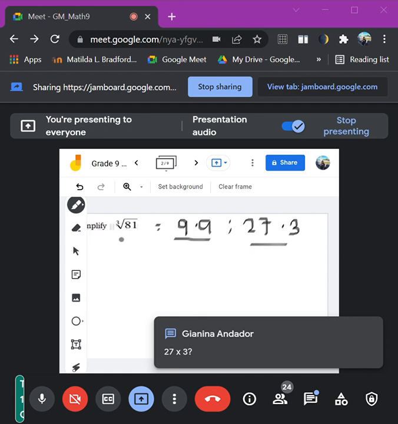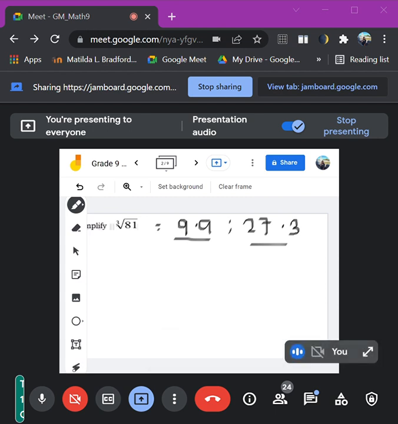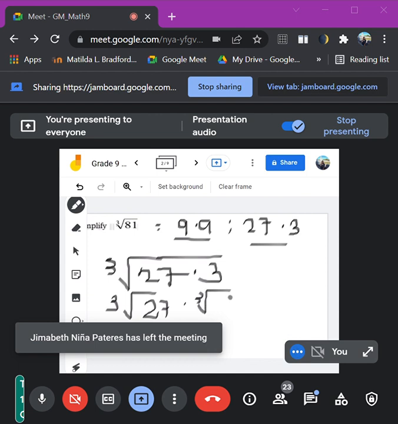Okay, we have our 27 times 3, because the 9 cannot be cubed. It can be square rooted, but it cannot be cubed. Okay? So, we're going to use the cube root of 27 times 3, or if we break it apart, the cube root of 27 times the cube root of 3.